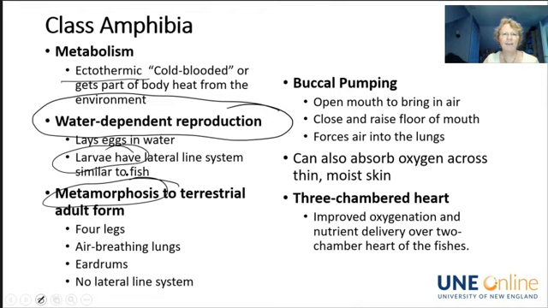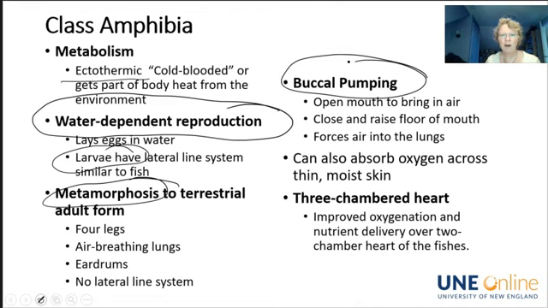Some other traits for the amphibians: buccal pumping. Buccal pumping is when they open up their mouth, bring in air, close the mouth, and then raise the floor of the mouth up, and that forces air down into the lungs. A lot of amphibians can also absorb oxygen across their very thin, moist skin. They have a 3-chambered heart.